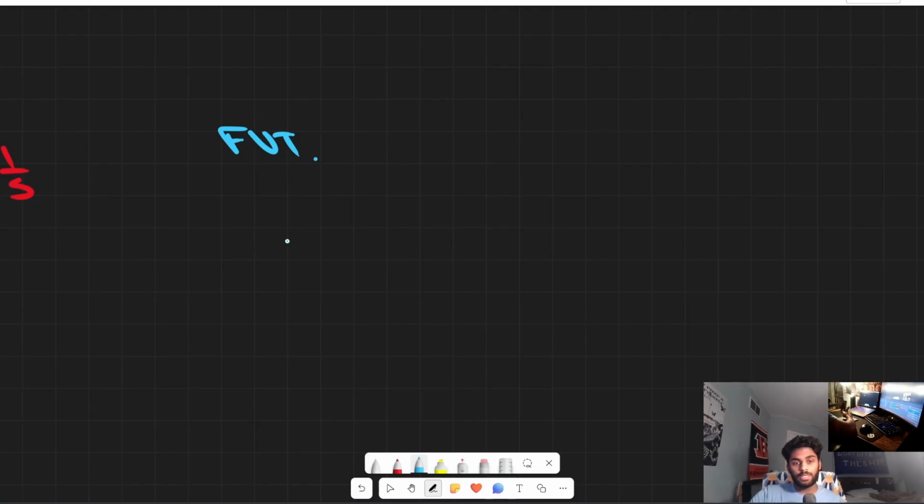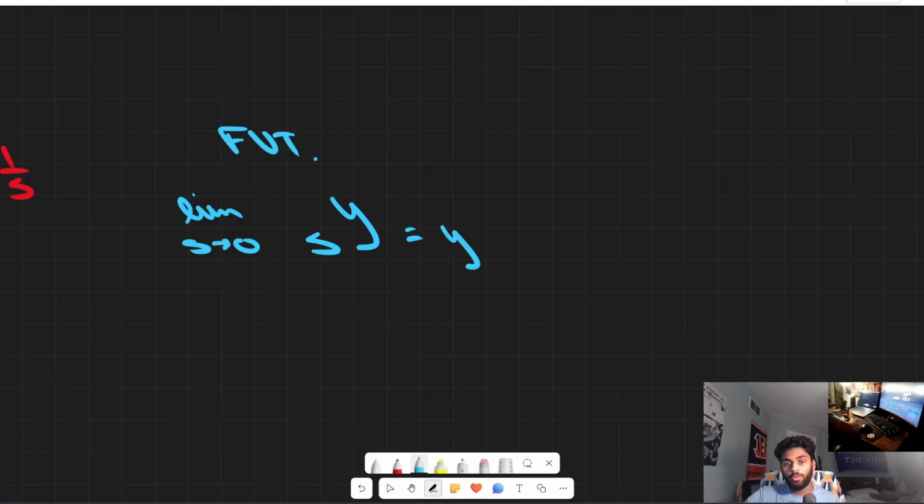If we take our step times our function, in our Laplace domain, and take the limit of this as s approaches 0, that's going to be equal to the value of our function at time equals infinity. So the final value of our function.